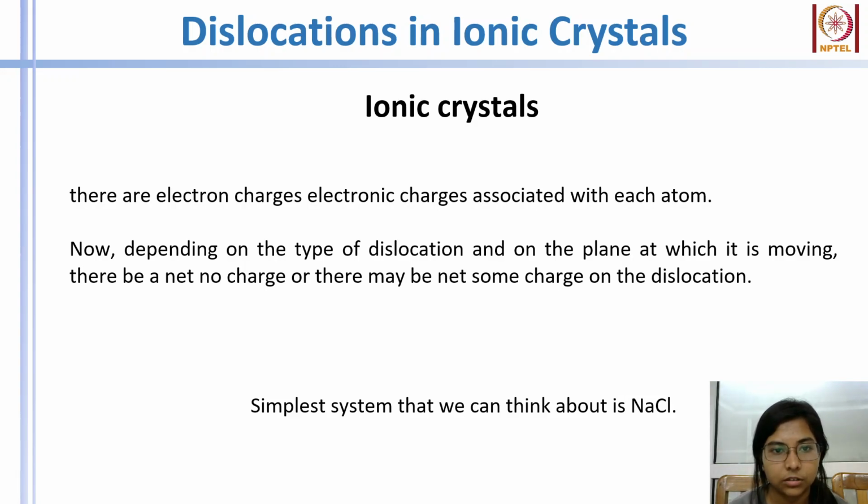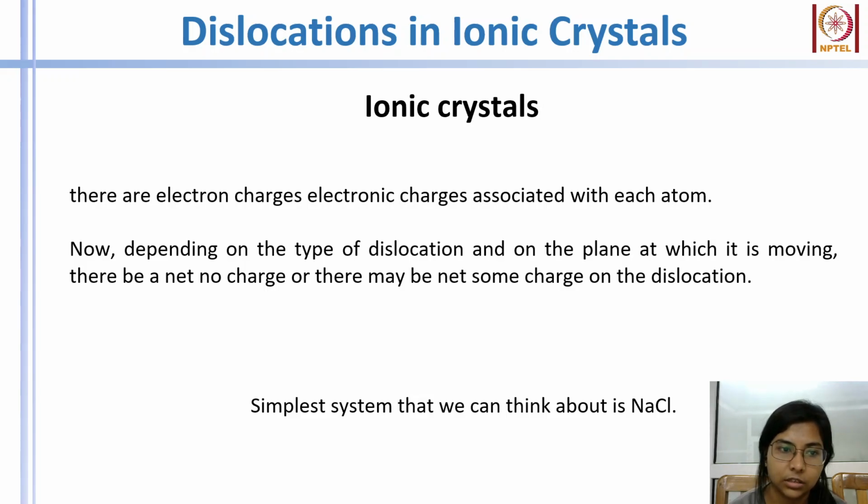So what are ionic crystals? They are crystals where ions are sitting at the lattice positions. They can be metallic or non-metallic, but there are electronic charges associated with each atom.